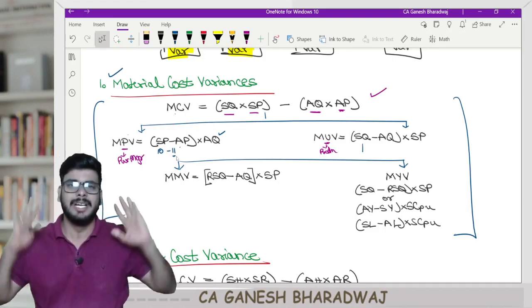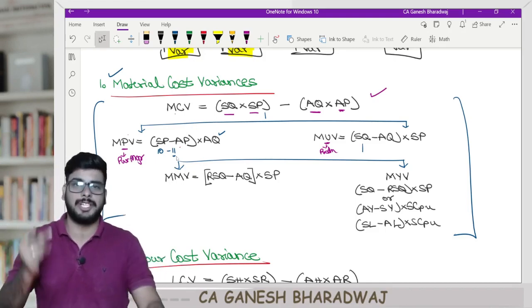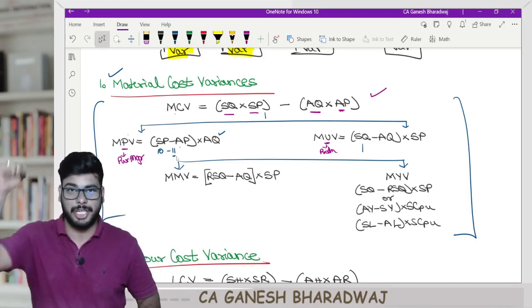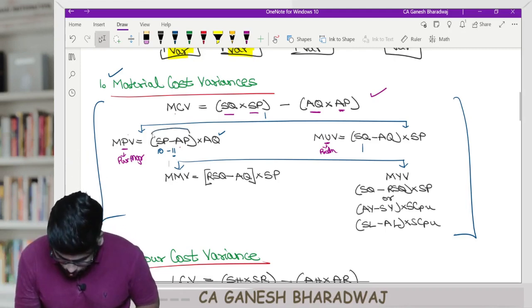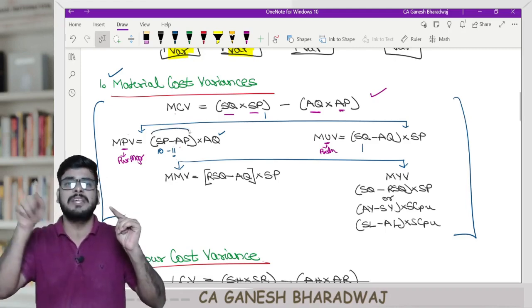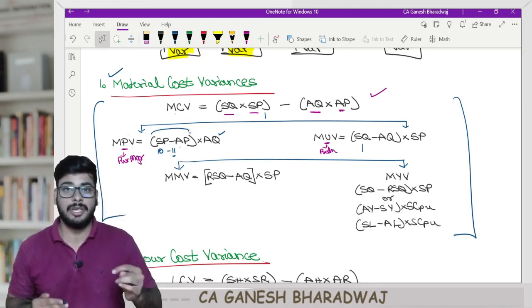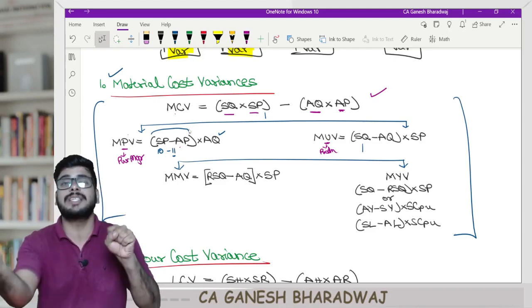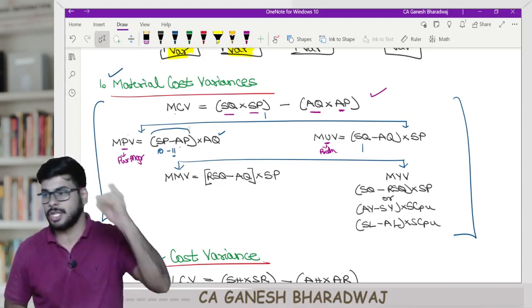Whatever quantity the production manager tells, those many quantities he needs to purchase at his discretion on price. So his responsibility lies only with respect to the price, multiplied by whatever actual quantity he has been asked to purchase. So here the purchase manager is actually dependent on the production manager for the quantity decision. Are you clear with this?